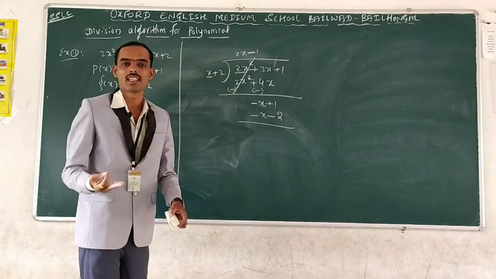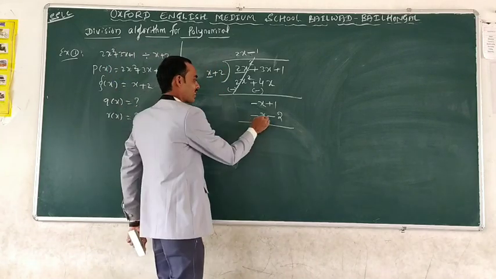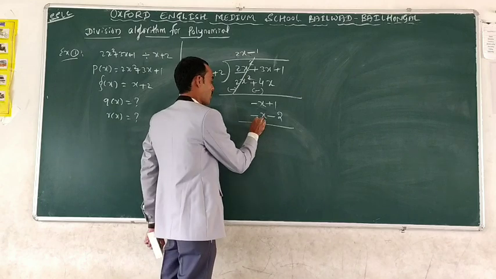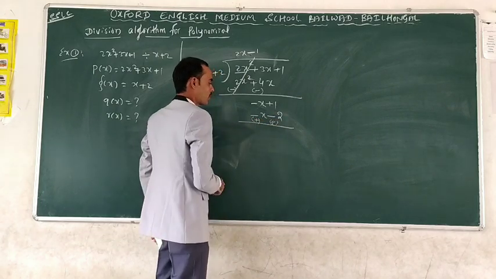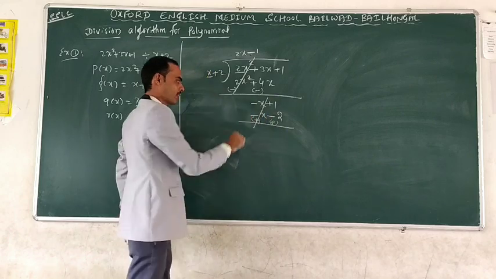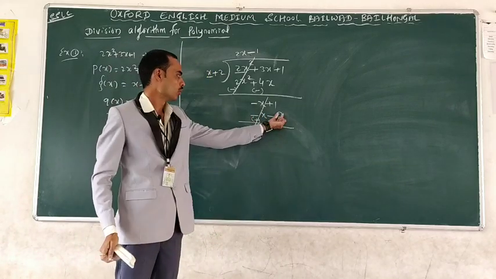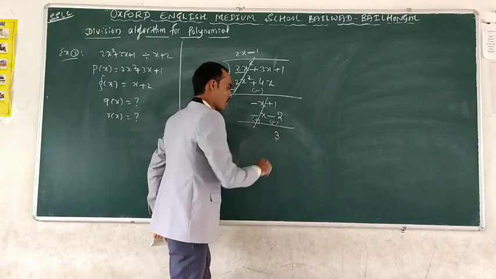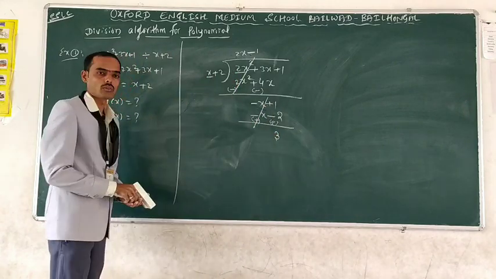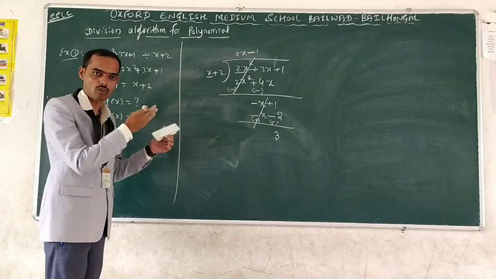Again we change the sign: minus x becomes plus x, minus 2 becomes plus 2. Plus x minus x get cancelled. Plus 2 plus 1 is 3.